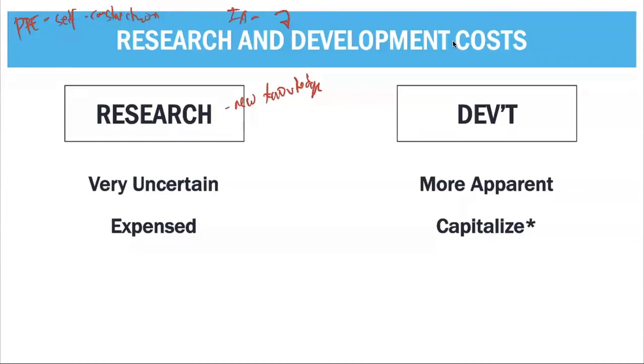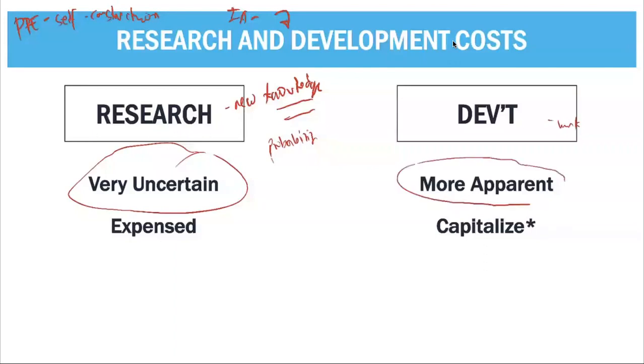So in research, you look into new knowledge; in development, you work on that particular knowledge that you have researched. In the research phase, the probability that there is an intangible asset is very uncertain because this is only knowledge. You are not yet working on it. But in development, since you are already working on it, you have a more apparent probability.